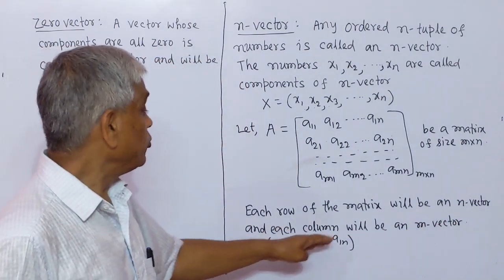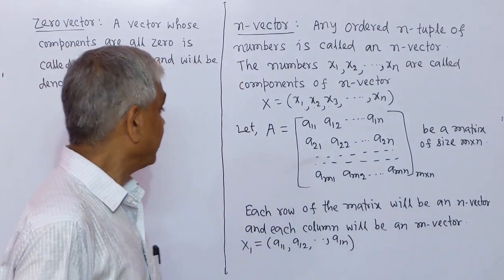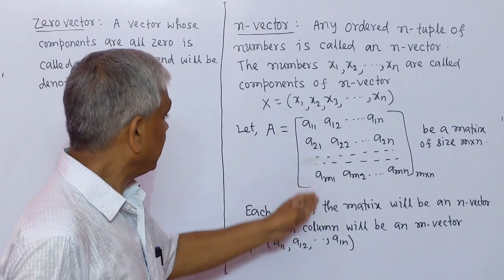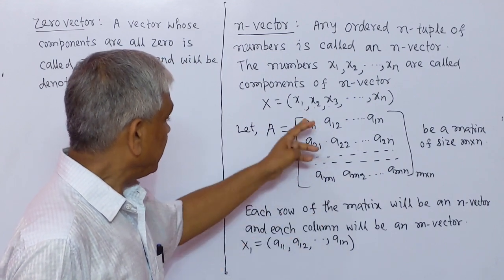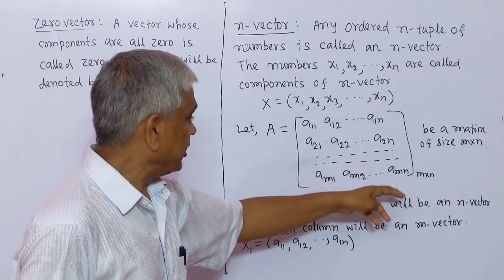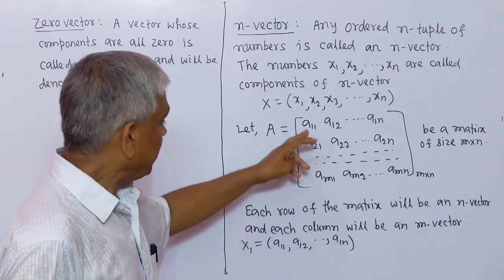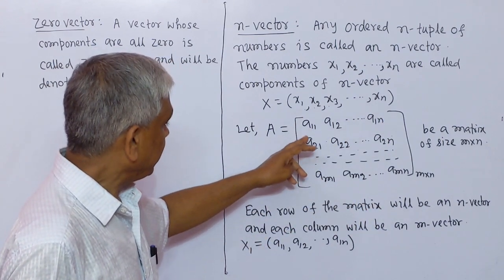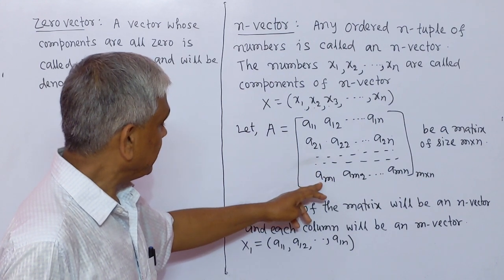And each column will be an m vector. Here is a column. This is the first column. This is the second column. Similarly, this is the nth column. In the first column, we have m number of entries.